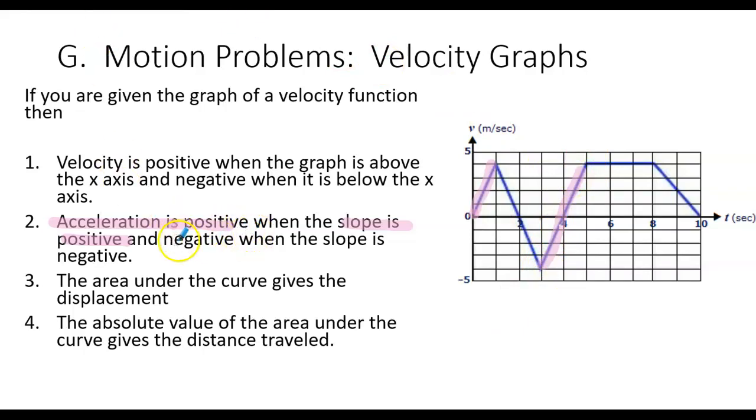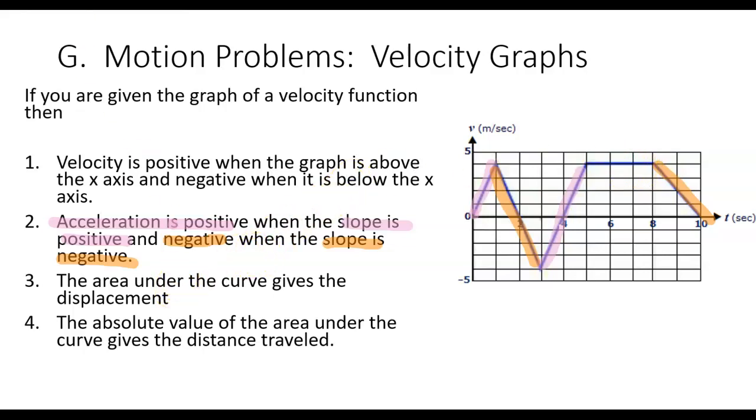Right? Now acceleration is negative when the slope is negative. So on this graph we have a negative slope here, and we also have a negative slope here. So both of those are places where the acceleration would be negative. This flat line means that the slope is 0, so the acceleration is 0. And when acceleration is 0, that means that you have a constant speed or a constant velocity. It's not changing. Okay.